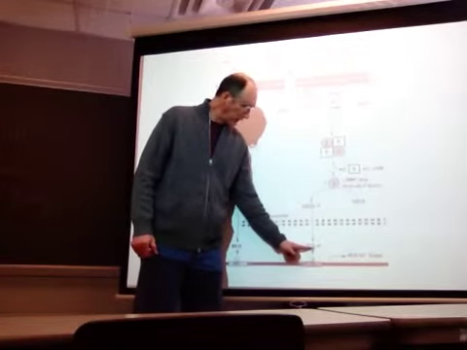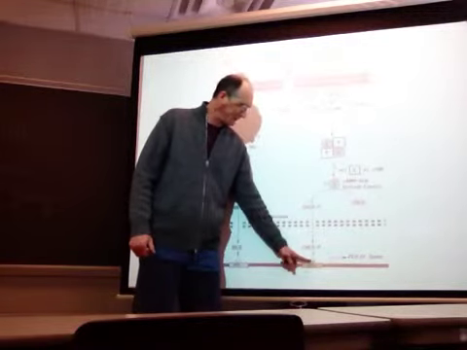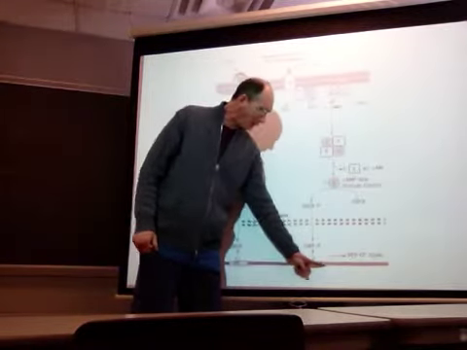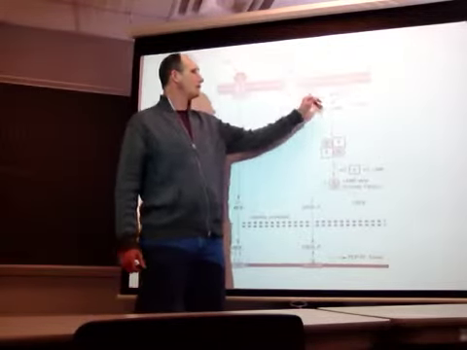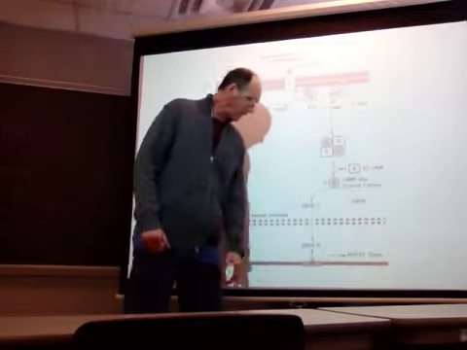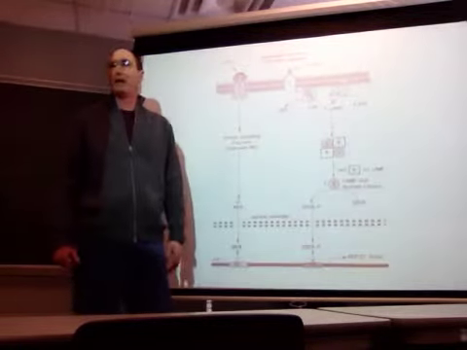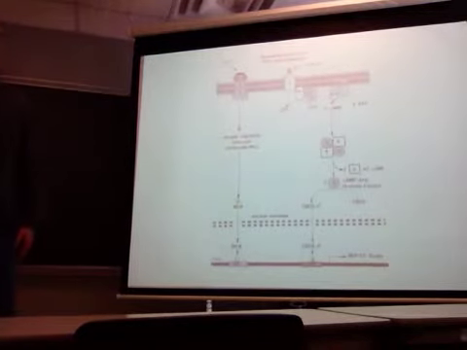This response element binding protein binding to the cyclic AMP response element is a promoter of transcription of this gene. So lots of glucagon means lots of PEP-CK, which means an increased capacity for gluconeogenesis.